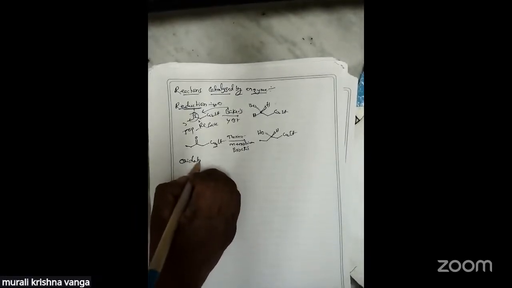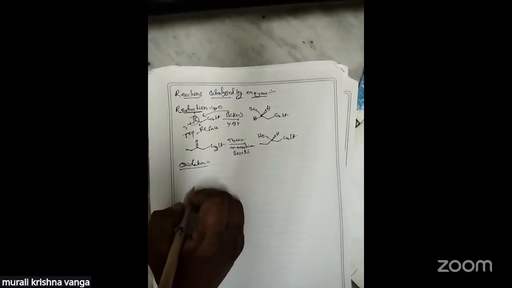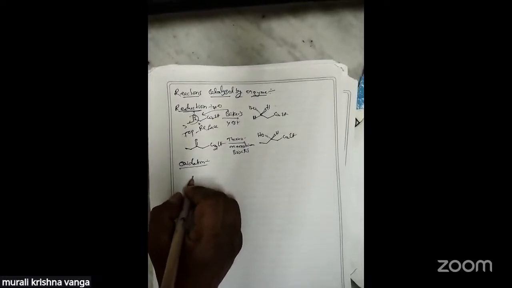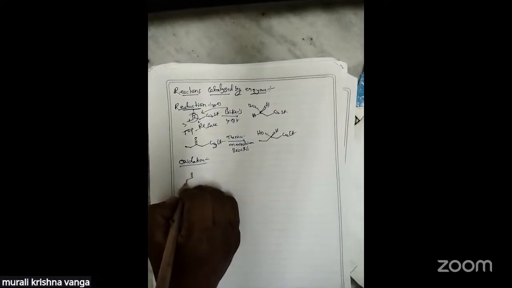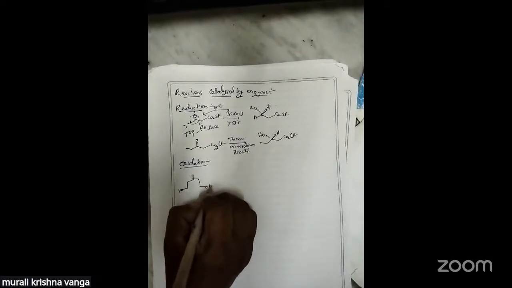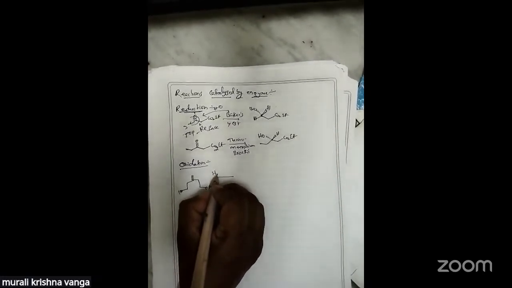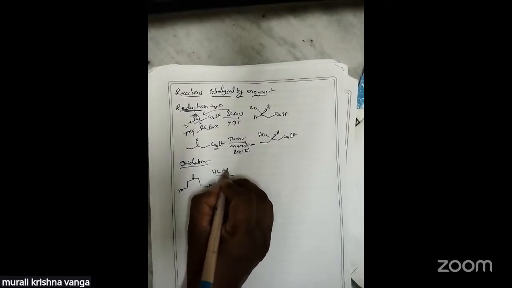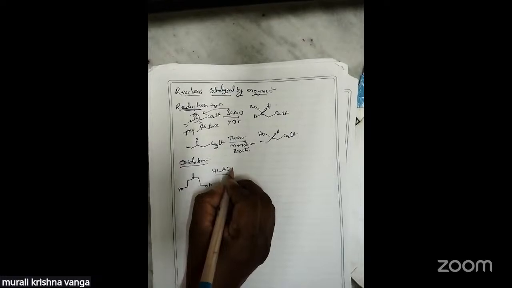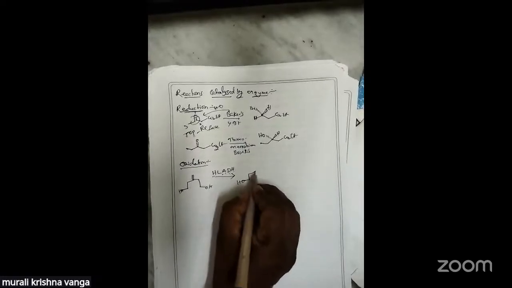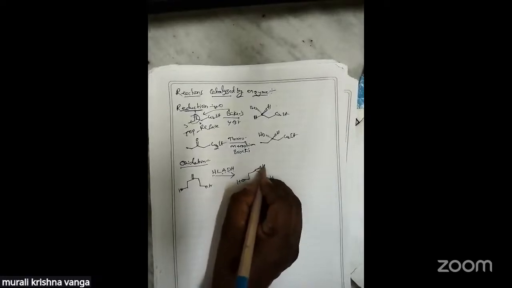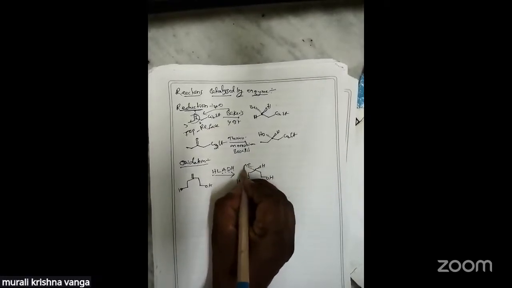Oxidation: horse liver alcohol dehydrogenase, and the product is ethanol.